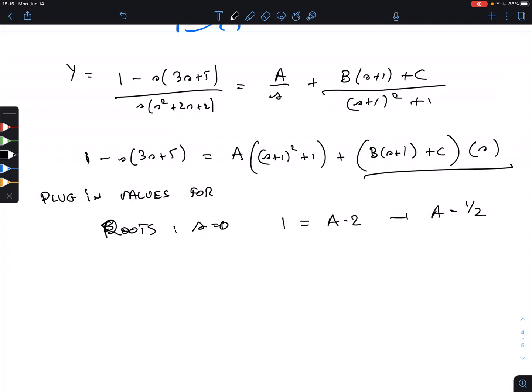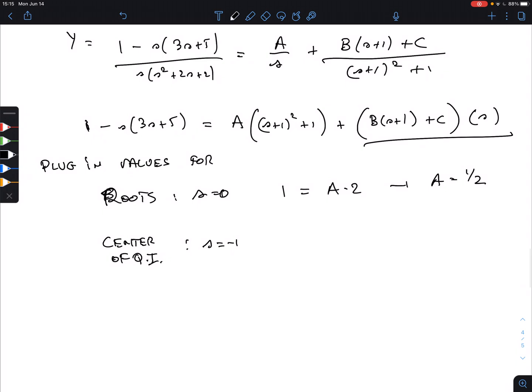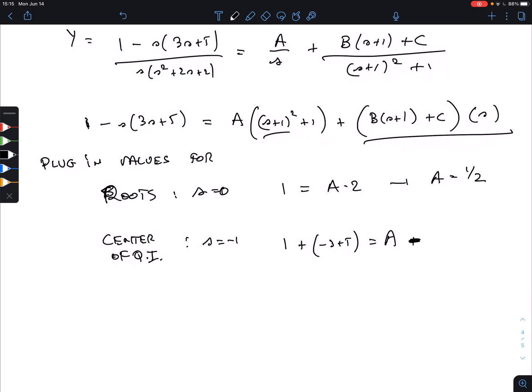Okay. Next one is the center of the quadratic irreducible, if possible. This would be -1. That's the thing that makes this guy 0, right? So if I plug in -1 on the left hand side, I get 1 minus minus 1 times minus 3 plus 5, and that is equal to A, because this is 0, plus minus C, the -1 there.